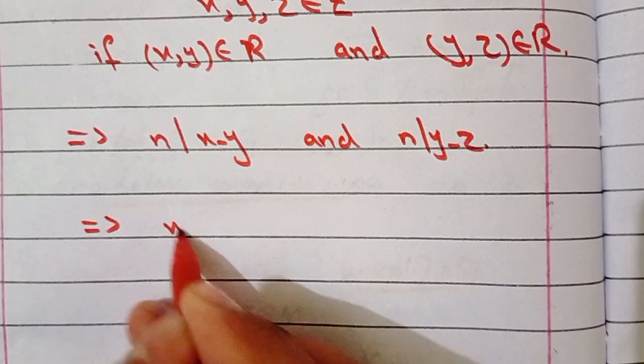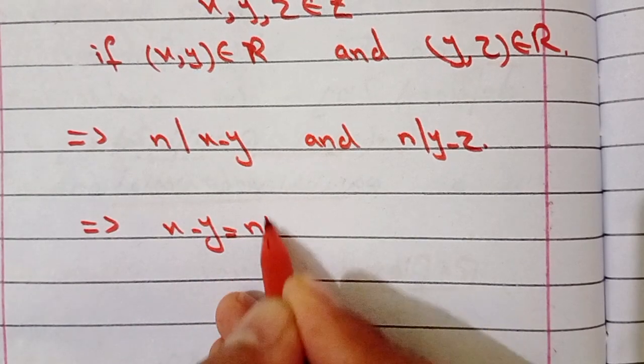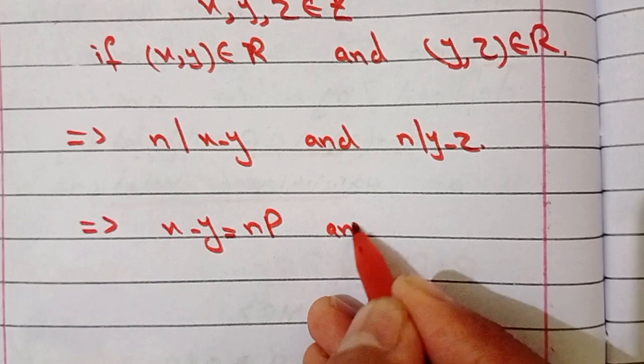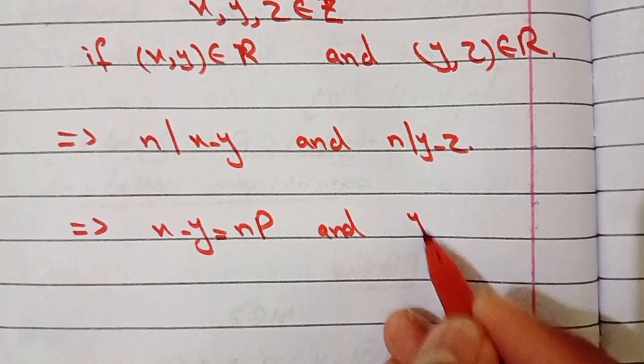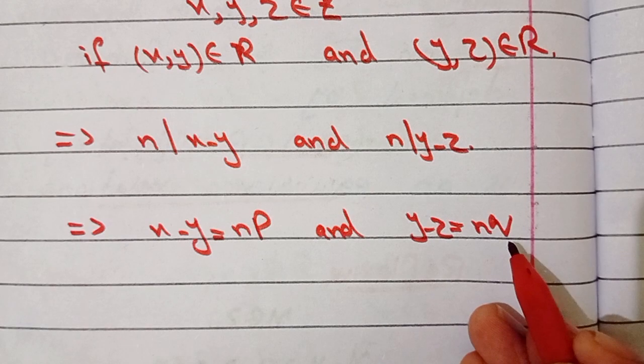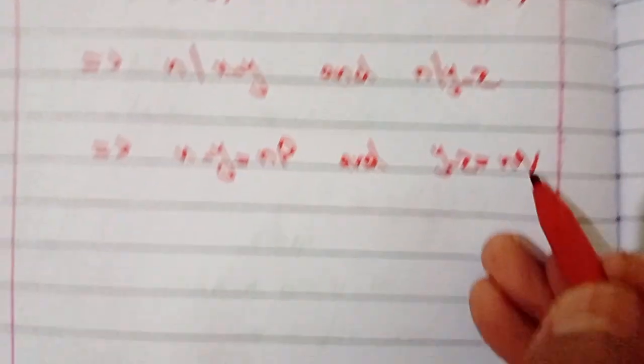This implies that x minus y is equal to np for some p belongs to Z, and y minus z is equal to nq for some q belongs to Z.